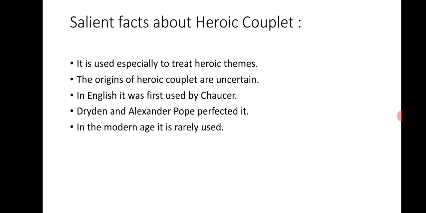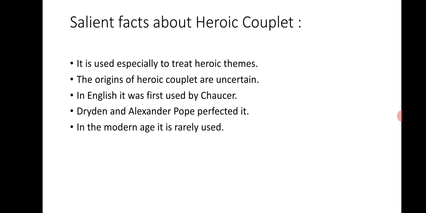One might say that Dryden was the farrier and artificer who wrought it into shape, and Pope was the silversmith who, with elegance, wit, and subtlety, polished and refined heroic couplet to perfection.